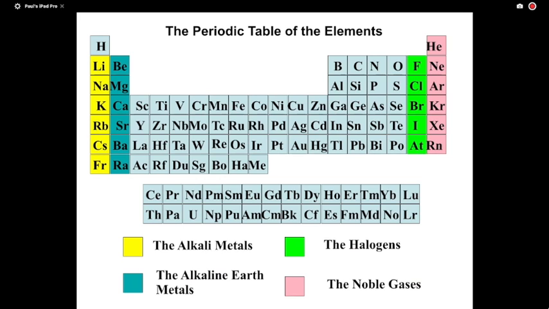Group number 17 on the periodic table are called the halogens. This one we refer to quite a lot. Group number 2 is called the alkaline earth metals. They all behave very similarly. And group number 18 at the end are called the noble gases. Sometimes you find them called the inert gases.